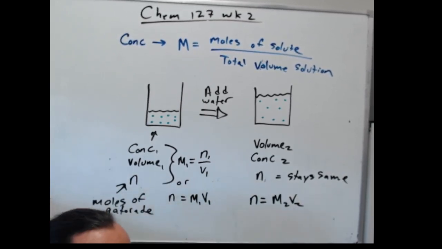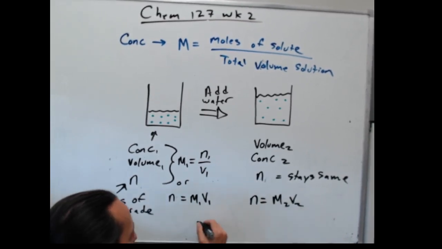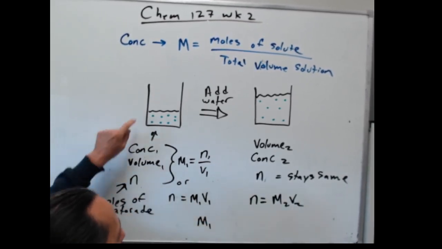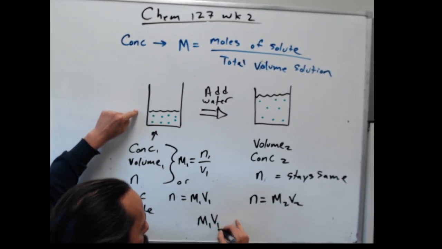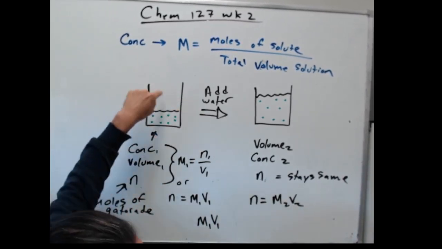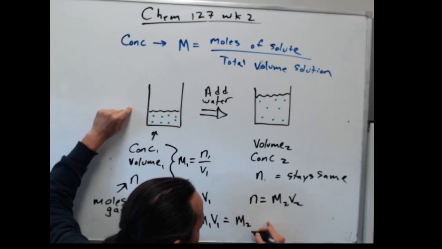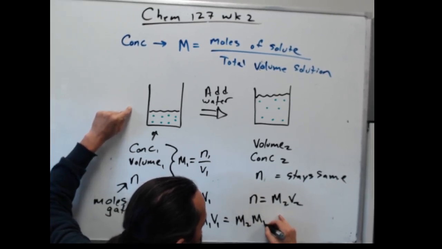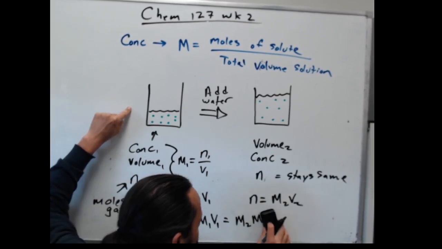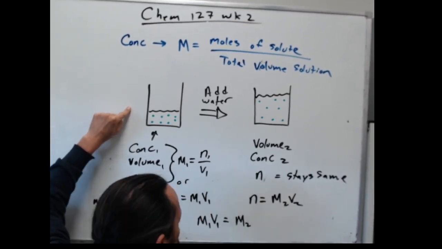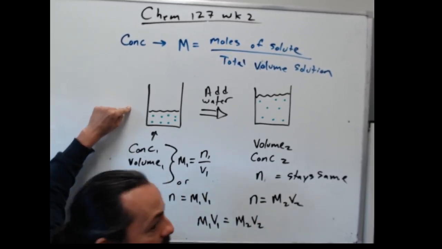Now I can just set them equal to each other because the number of moles is the same. So I have my original molarity and my original volume, which gives me my number of moles. That's going to be equal to my new molarity and my new volume.